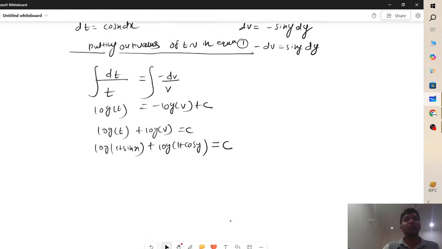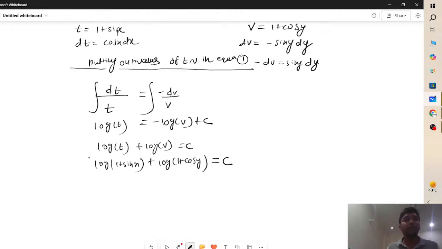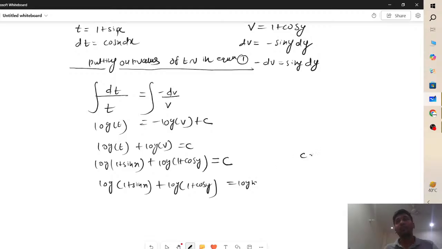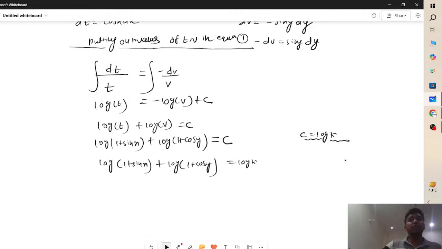So in this question we don't eliminate the value of c, and c can be any constant. So can we assume c to be log k, because this is a constant and we can assume any constant in its place.